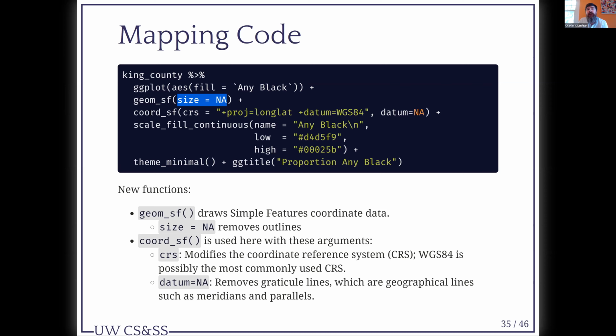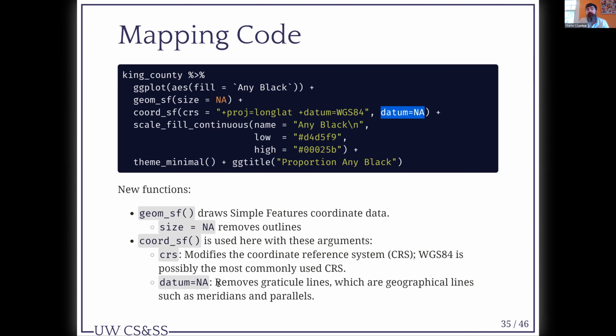I then say coord_sf here, I specify a CRS and a datum. So what this is doing is allowing me inside my plot to change the projection it's in. I just swapped to WGS84 because in this particular case, it made the plot look a little bit nicer to be in WGS84 with latitude and longitude coordinates. Datum equals NA is an obscure argument.